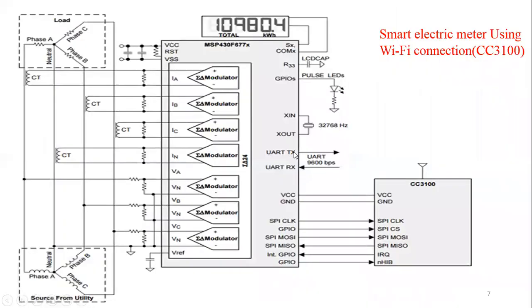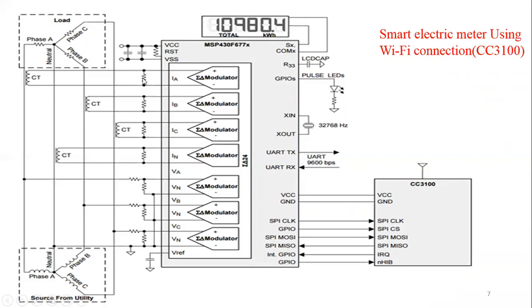Then come to the smart electric meter or energy meter. Smart energy meter using a Wi-Fi connection, which is called CC3100. That is the Wi-Fi module number. So don't fear about this diagram, it is a simple diagram.